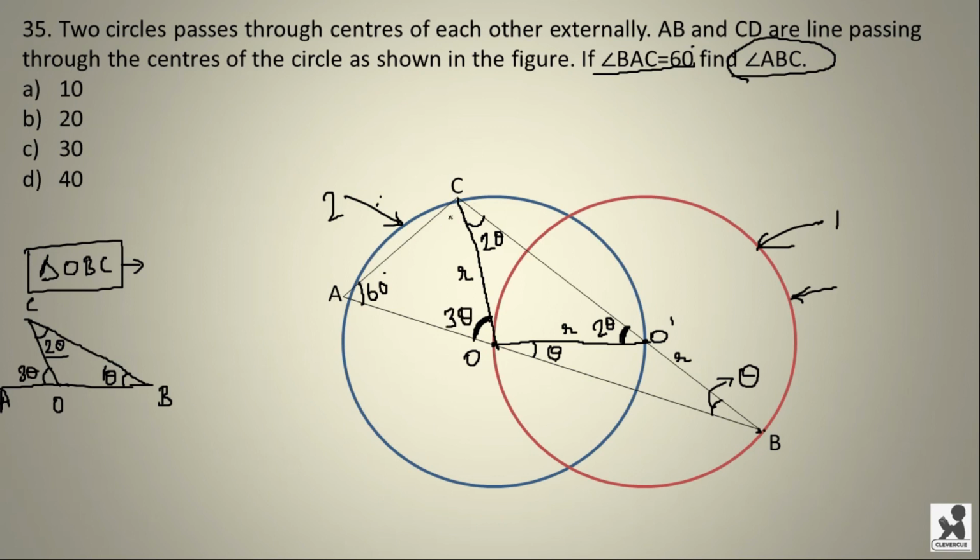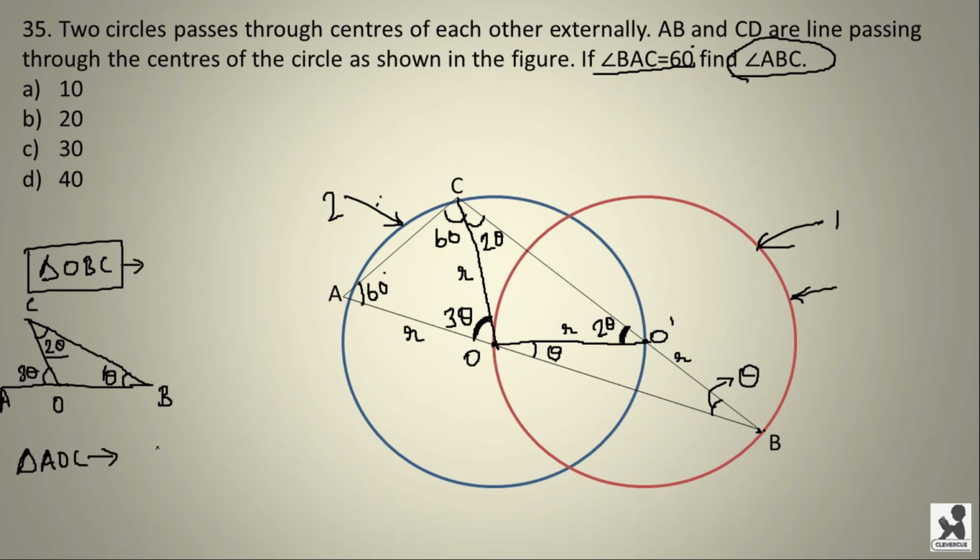Here in triangle ACO, angle ACO is 60 degrees, because AO is also a radius. Now consider the triangle AOC.